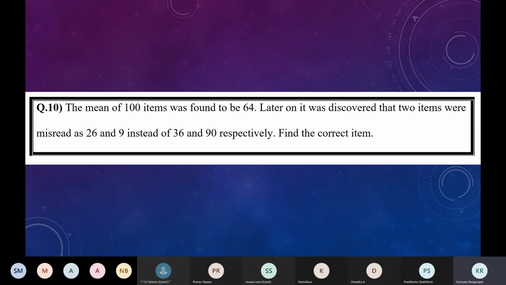The mean of 100 items was found to be 64. 100 items, that is the number of observations. The mean is equal to 64. So what can you find from this? Sum of all the observations.